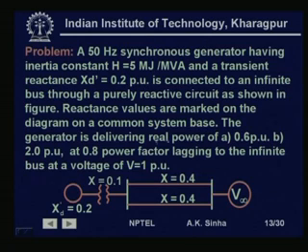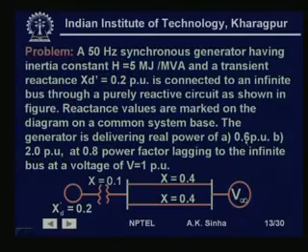The generator is delivering real power of (a) 0.6 per unit and (b) 2 per unit at 0.8 power factor lagging. That is, what we are trying to do is to analyze the dynamics of the system for two conditions.